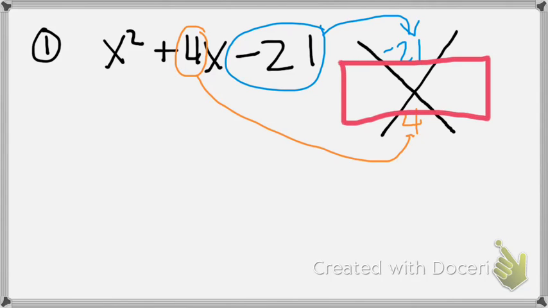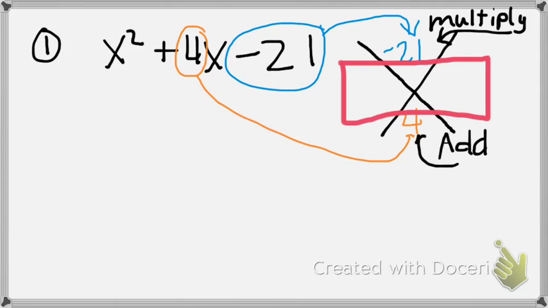And we're looking for two numbers that satisfy these two conditions that we just set up inside of this x. The two numbers have to multiply to get you this term, but the two numbers must add to get you this term.